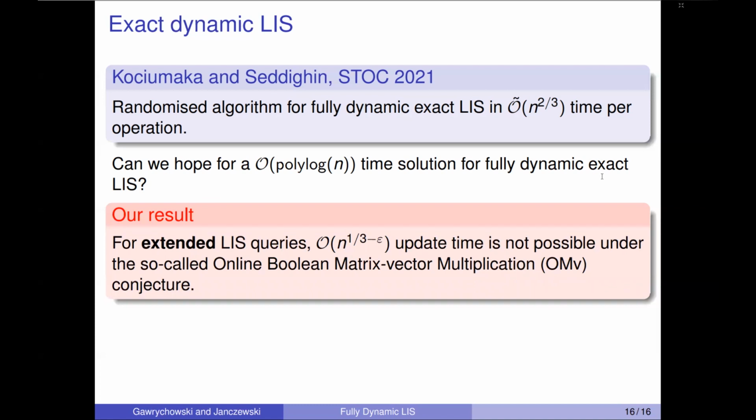Then we have a conditional hardness result saying that we cannot handle such queries dynamically in polylogarithmic time under the online matrix vector multiplication conjecture. And we have similar bounds for some other generalizations, but no lower bound better than simply log n is known for the case of dynamic global exact LIS. So there is quite a large gap there.